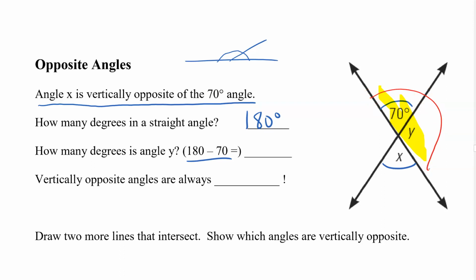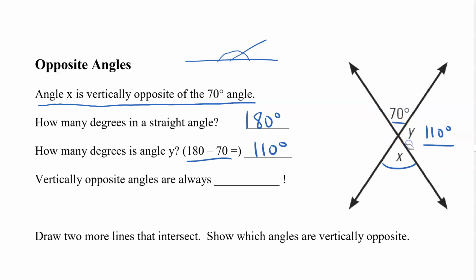So that would be 180 degrees. And if the top part is 70, that means that y is going to be 180 minus 70, which works out to 110 degrees. So in other words, we just figured out that this must be 110 degrees because 110 and 70 add up to 180, and this makes up a straight line.